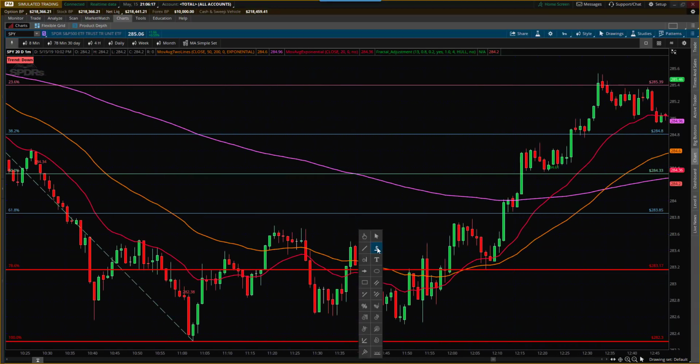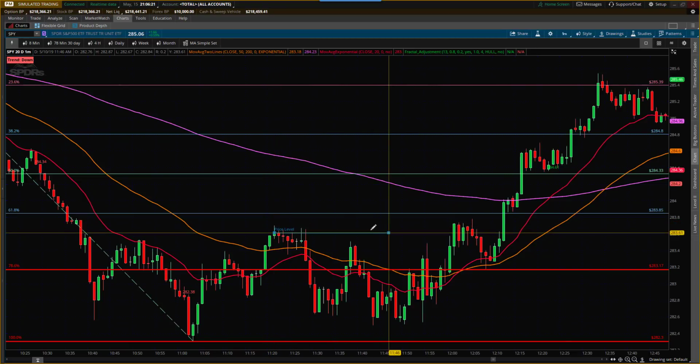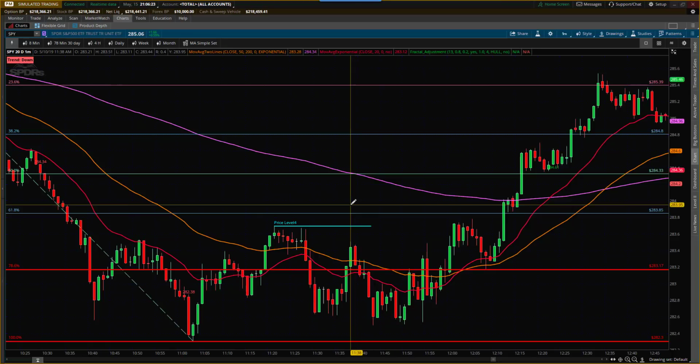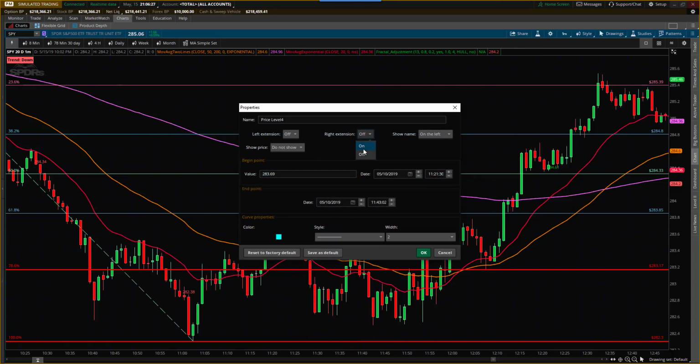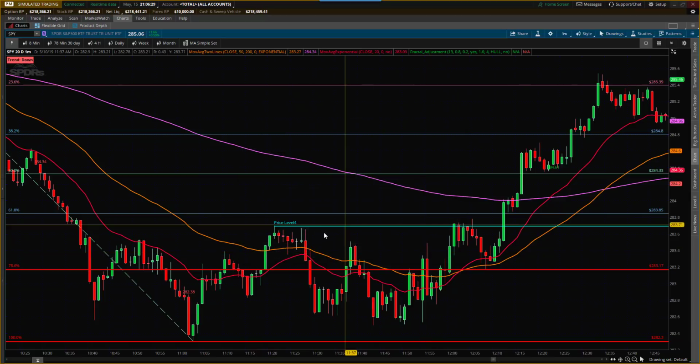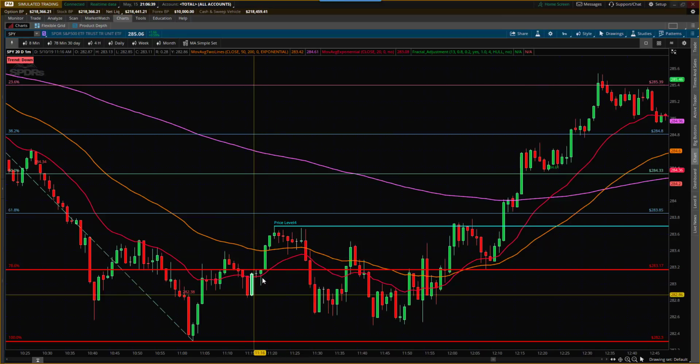We could throw a line up here to recognize the high, and we would just project that to the right. And what we would be looking for is price to break above that to recognize that perhaps the downtrend is done for the day, right?